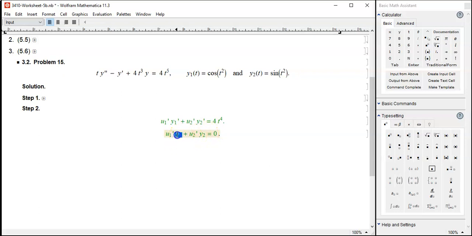Okay, what is y1? y1 is cosine of t squared. So that one goes over here. And what is y2? That is sine of t squared. So that one comes right over there. And then let me move this u2 prime. Why am I losing colors here?